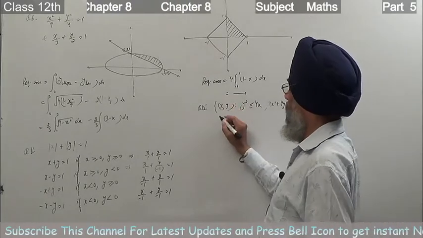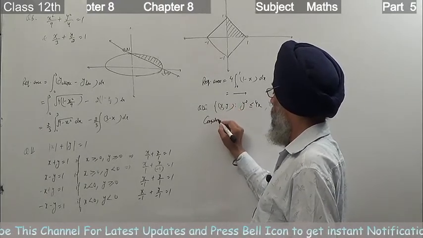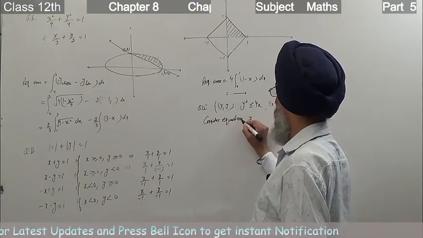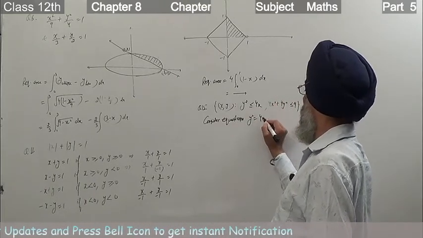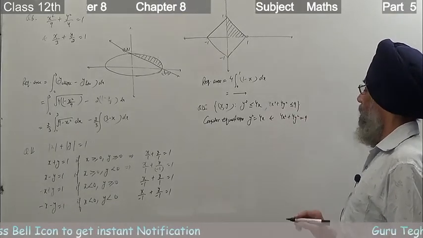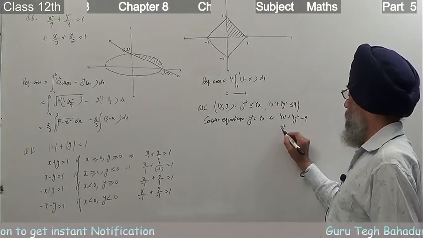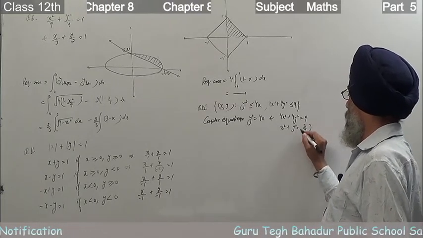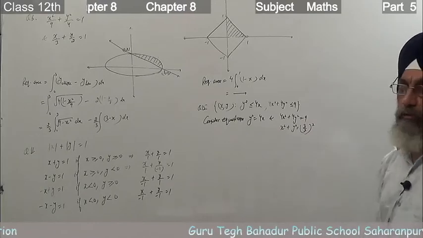First of all, consider the equations. y square is 4x and 4x square plus 4y square is equal to 9, that is x square plus y square equals 3 upon 2 whole square. That is a circle and that one is a parabola.